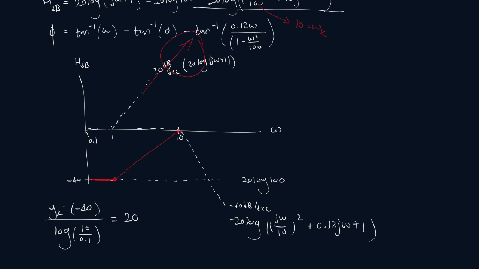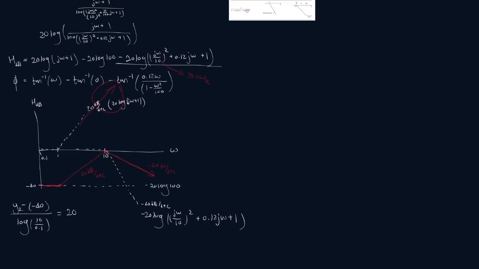So 20 plus minus 40, that's minus 20. So we have the following, something like this. So this is 20 decibels per decade, and this is minus 20 decibels per decade. Let me draw this much more nicely. There we go. Okay, that's done.